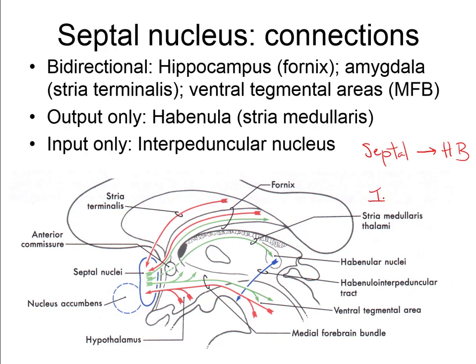We have interpeduncular to the septal. And what have I forgotten to draw in? Fasciculus retroflexus. So we actually have another one of these three neuronal or three structural loops comparable to what we think about for Mollaret's triangle, although this one doesn't have anybody's name on it yet. It's probably too late.